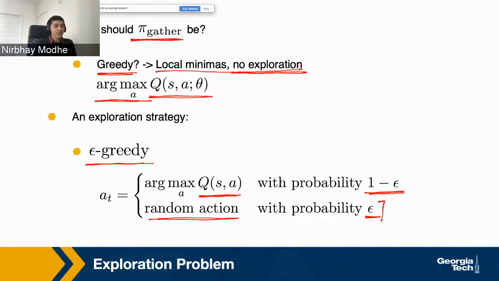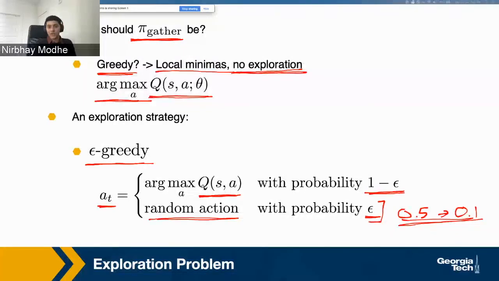What people usually do is start with a high epsilon of 0.5 and eventually decay it to, let's say, 0.1. What this will ensure is that you always try out novel actions at states you've already visited. So this is one way of ensuring that you always explore in every possible state. And we'll see in the algorithm that this was actually quite helpful for learning in the DQN algorithm.